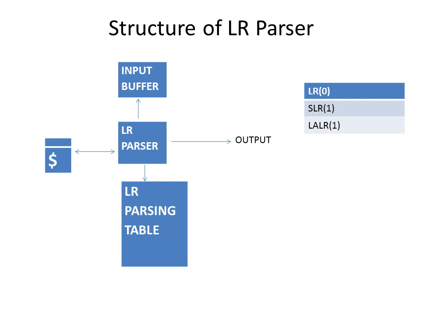The LR parsing table will differ according to the type of parser we are using. If you use LALR parser, then this LR parsing table will be the LALR parsing table.